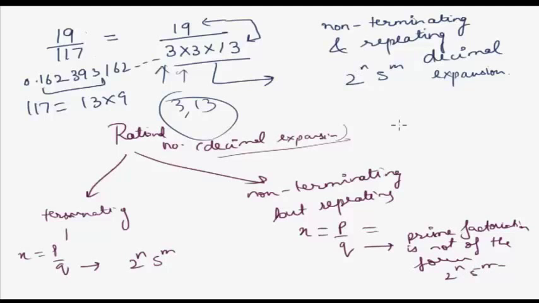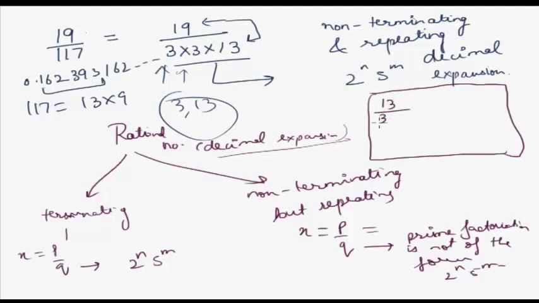So let us quickly revise with some examples what we have learned so far. Say we have a number 13 over 3125.